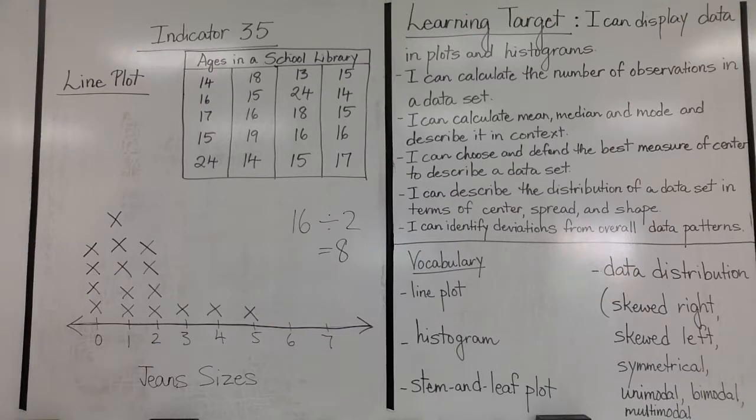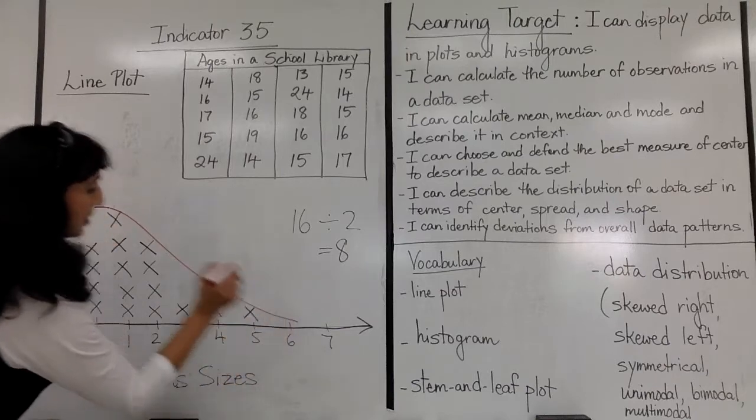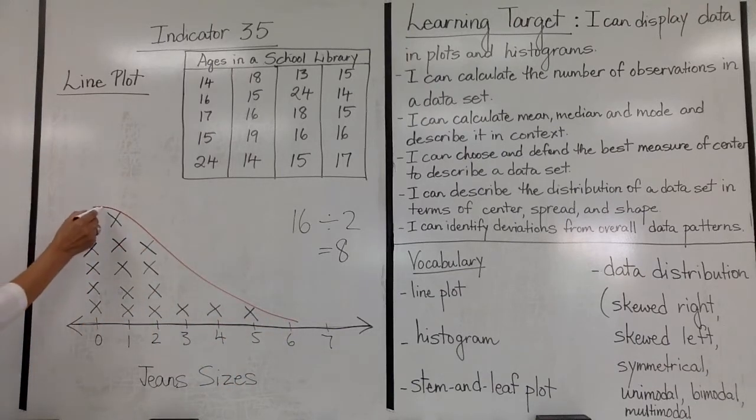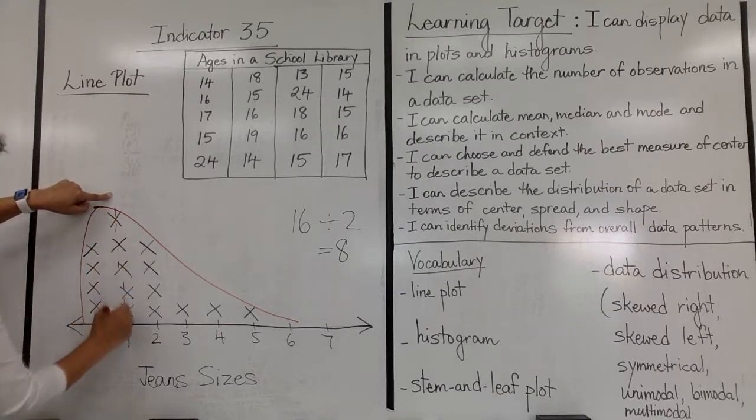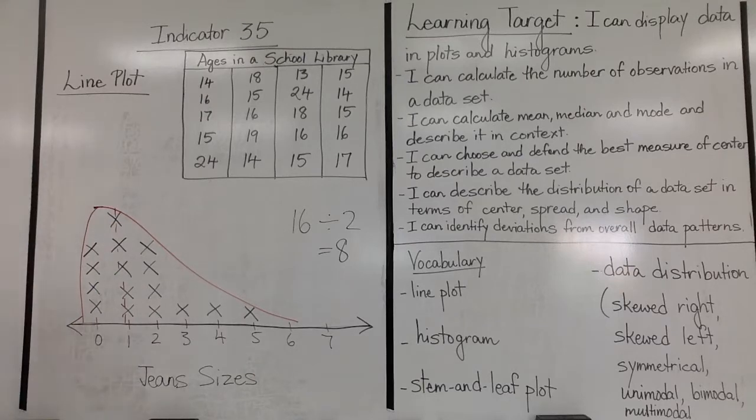So tail end of the graph meaning where is the graph being pulled at? Normally what you do, you look at the highest value. The highest value is here, and then from that highest value, you see whether it is skewed right or skewed left.